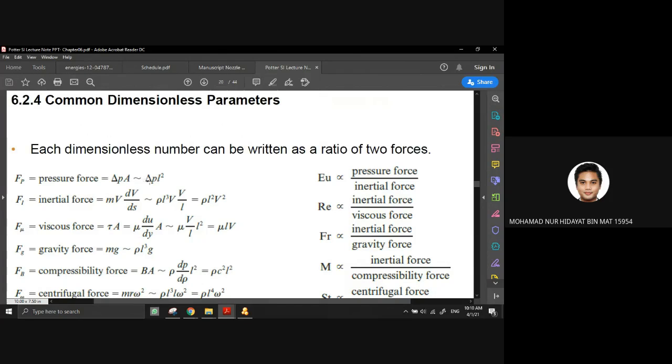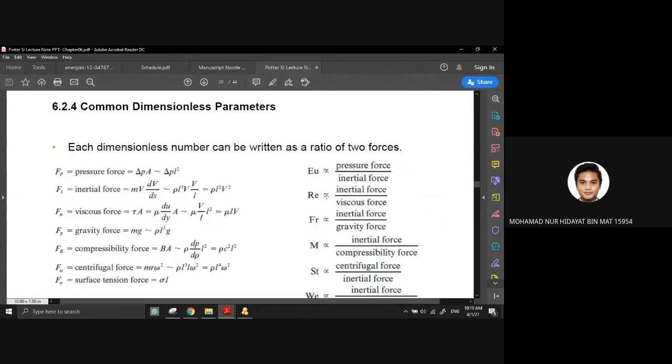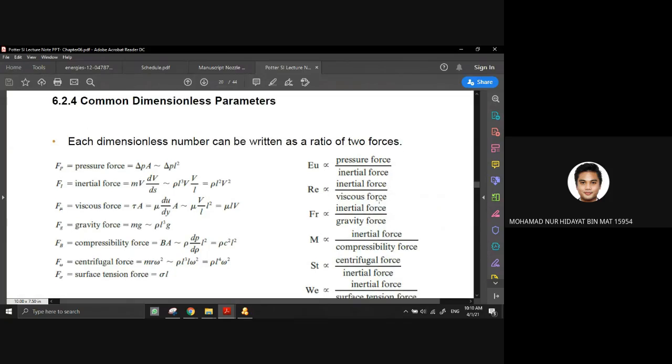So in a simple way, the Euler number is directly related to the pressure force over the inertial force. The Reynolds number relates to the inertial force over the viscous force.